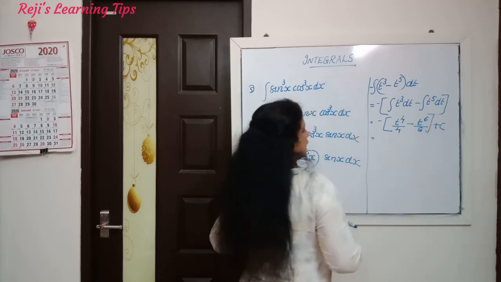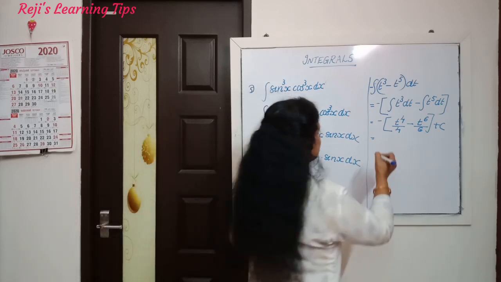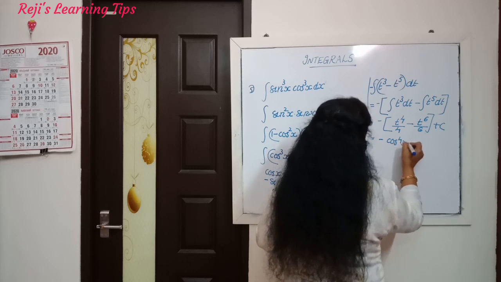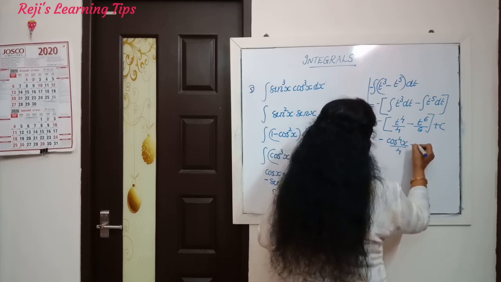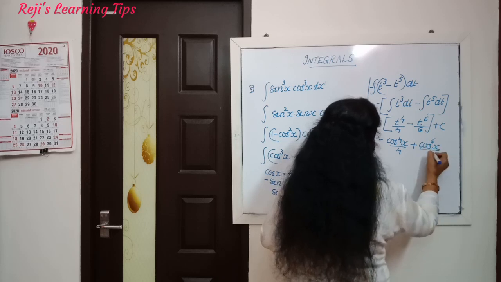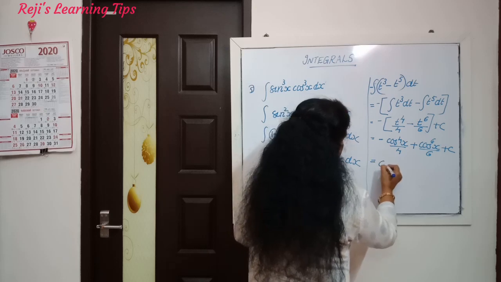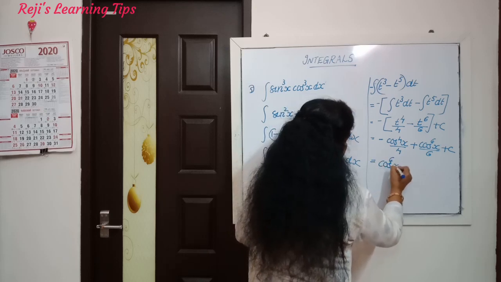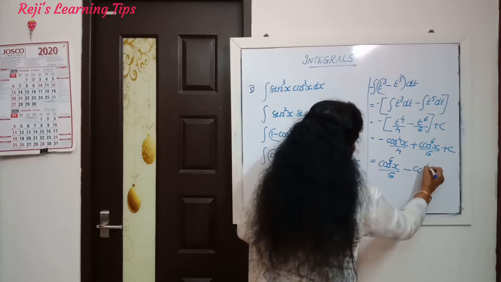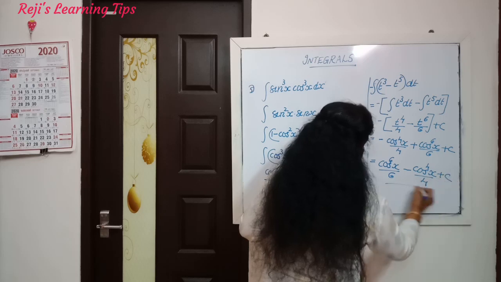Then we can resubstitute t, that is cos x. So we can write minus cos raised to 4x by 4 plus cos raised to 6x by 6 plus c. We can write this as cos raised to 6x by 6 minus cos raised to 4x by 4 plus c.